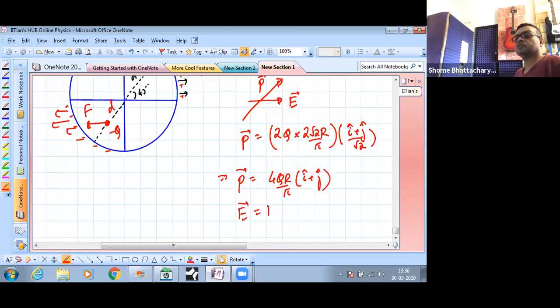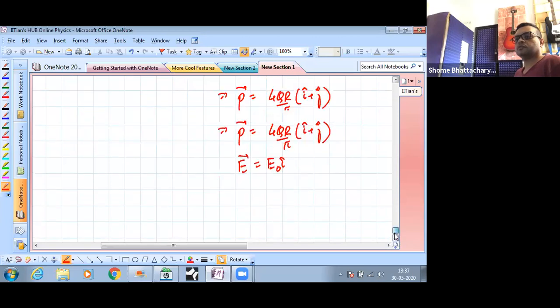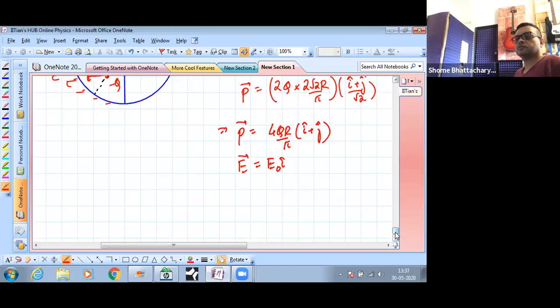Okay. Now electric field was E naught I cap. So your P cross E will become 4 qr by pi E naught into j cross I, which is minus k.